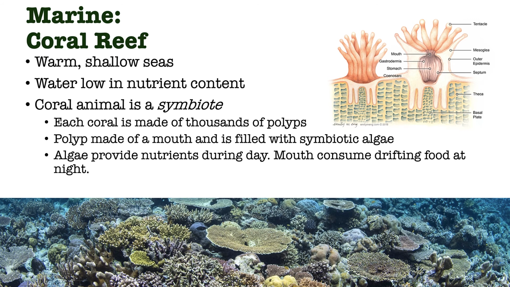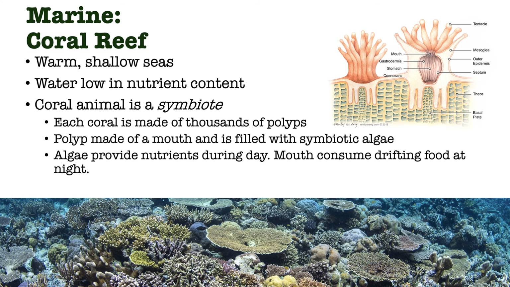The zooxanthellae are algae that live in their tissues. So during the day, when there's plenty of sunlight, the zooxanthellae do their photosynthesis thing, and they share some of the resources that they produce with the coral itself. So the coral lives off of that during the day. At night, when the algae go dormant, the animal portion of the coral wakes up and the tentacles emerge from the polyps and they grab any kind of drifting debris or organisms and consume it that way.